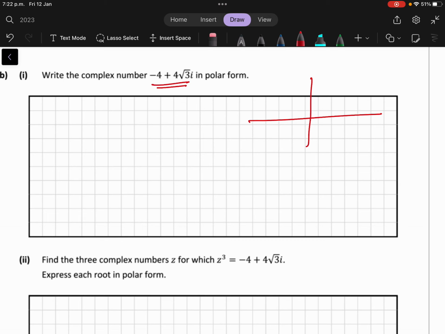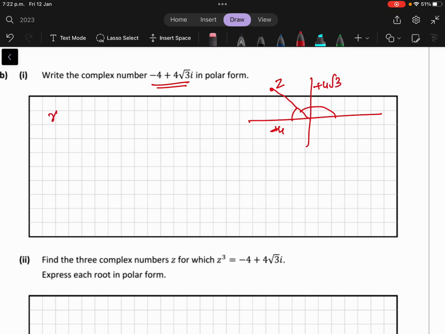Since it is minus 4 and plus 4, it will be somewhere in the second quadrant. So it will be somewhere here. This is the angle here, and this is another angle. Because this will be minus 4 and this will be plus 4, sorry, 4 root 3.